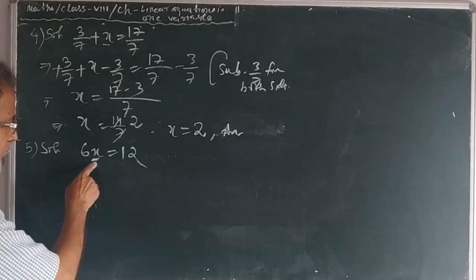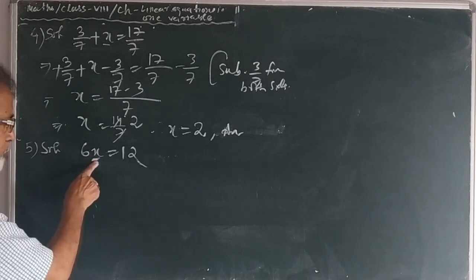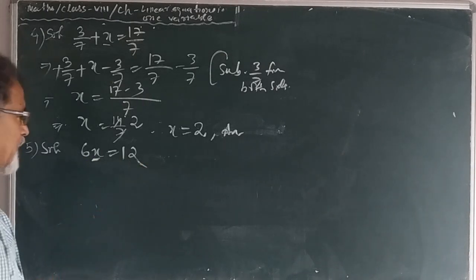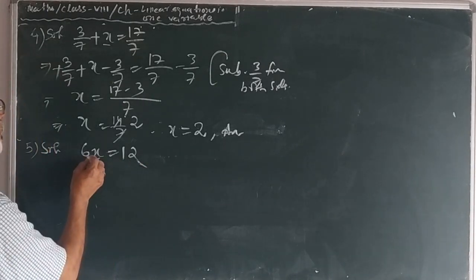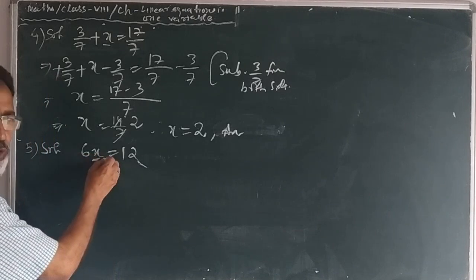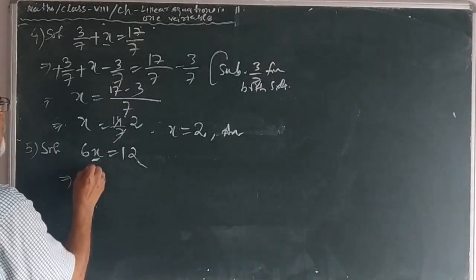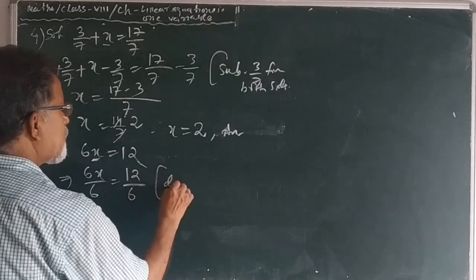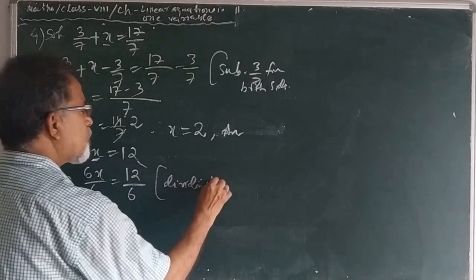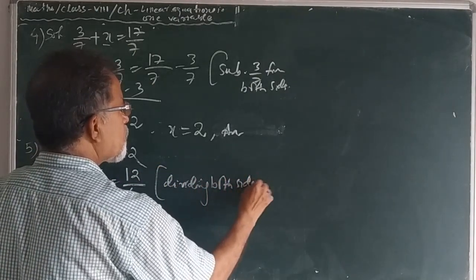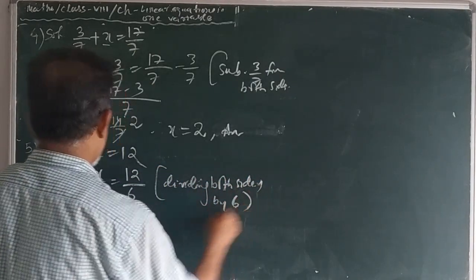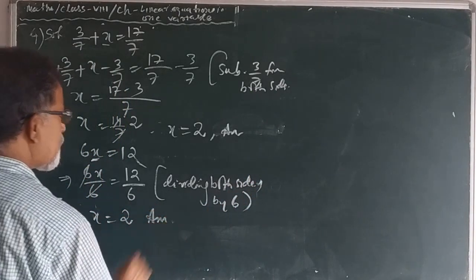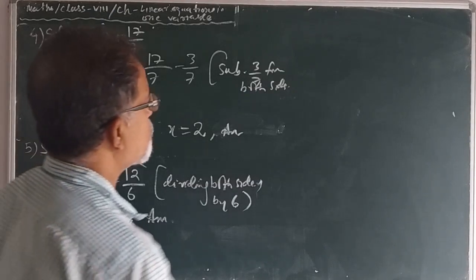That's why we will have to remove 6 from this term, and to remove this 6 we will have to divide both sides by 6, because 6x means 6 into x. 6x by 6 equal to 12 by 6, dividing both sides by 6. Therefore x equal to 2 is the required solution of the equation.